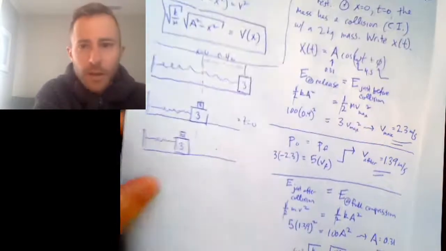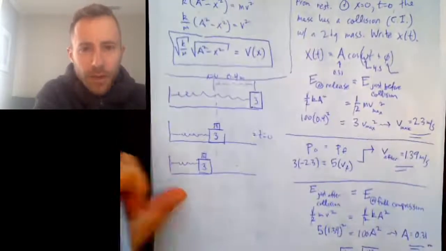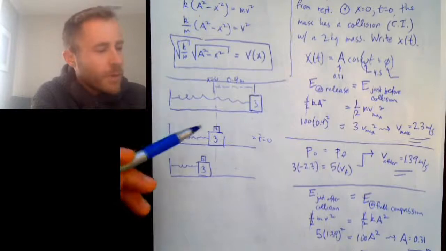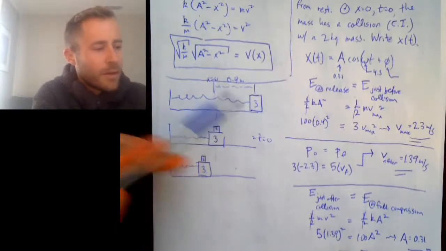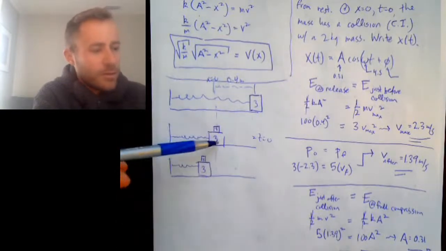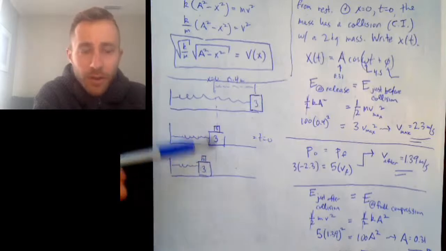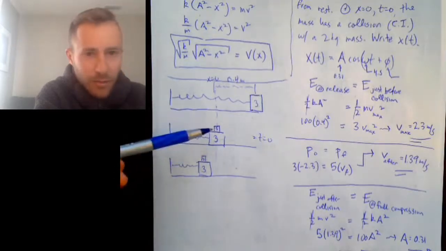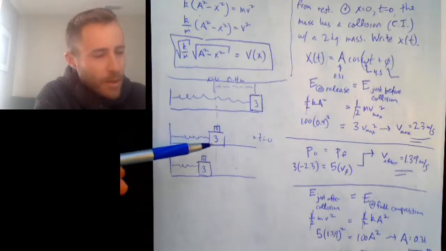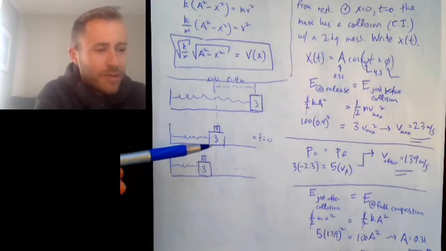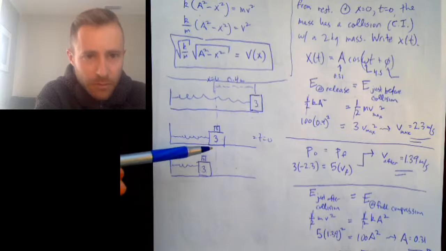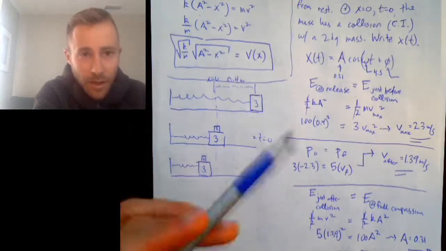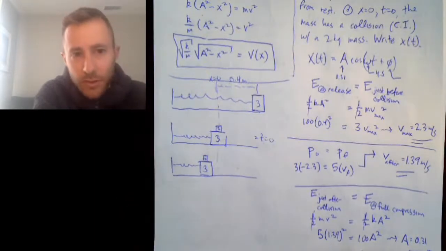All right, and if we think about it, at time 0, the blocks are at position 0. They're at x equals 0 at time 0. Okay. So that means that it has to be a sine function, because sine, not cosine, is the one that starts out at 0.